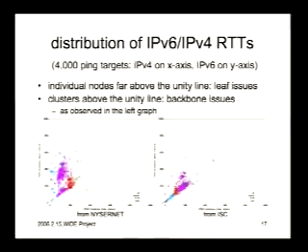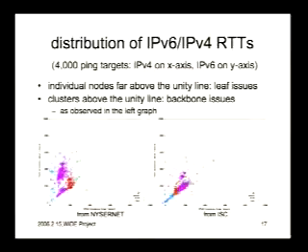So here is an example. This is a distribution of IPv4 and IPv6 RTTs. IPv4 RTT is plotted on the x-axis, and the v6 RTT is plotted on the y-axis. The left graph is from NISANET results, and the right graph is taken from ISC.